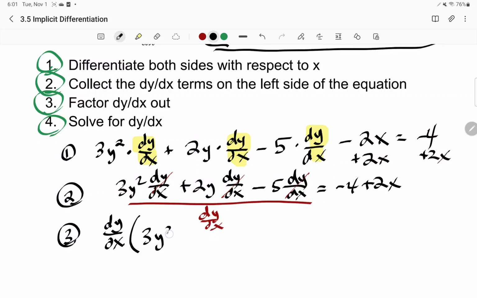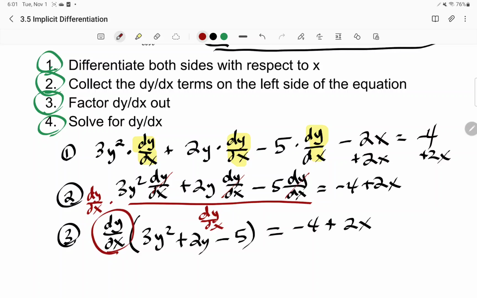That is 3y squared plus 2y minus 5 is equal to negative 4 plus 2x. To make this a little bit more accurate as to what we're doing, you're factoring out a dy dx, but you're really multiplying it by dy dx over itself so it doesn't change the value. That's why this remains out front, and you're able to divide all of these by the dy dx.